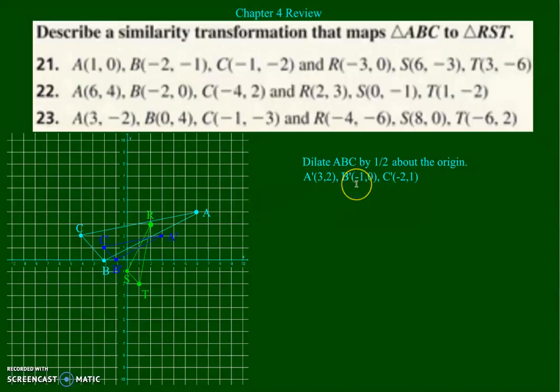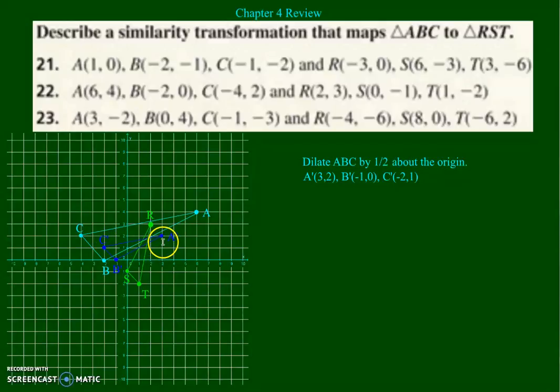B prime, we take the -2, 0. -2 divided by 2 is -1. 0 divided by 2 is 0. And then C prime, we take our C of -4, 2. So -4, 2 becomes -2, 1. So there's our A prime, B prime, C prime.